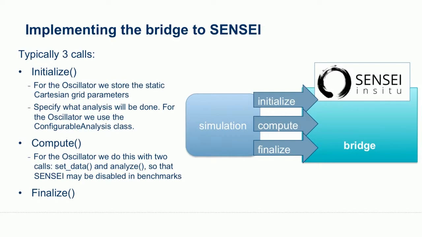In the initialize call, in this mini app, we're just going to store pointers to the meshes, our internal representation of the meshes. The oscillator mini app doesn't use VTK internally, so we're just going to take pointers to the internal data structures and cache them. Then in our get mesh call, we'll be able to look those up.